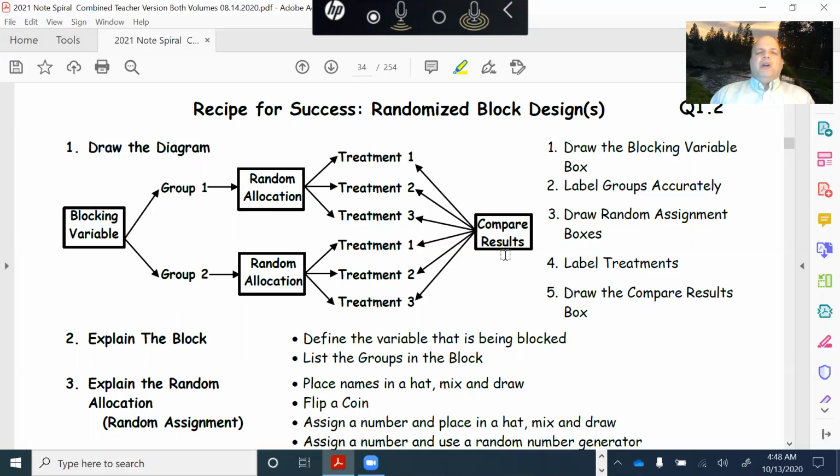The results you're comparing are your response variables. Now, in this case, we have two explanatory variables. We have the treatment variable, and then we also have the group that you were blocked into. So the gender variable in this case, as we called it, has two levels, female and male.